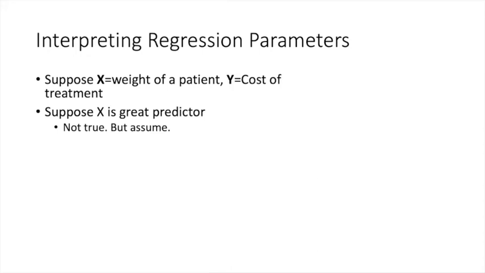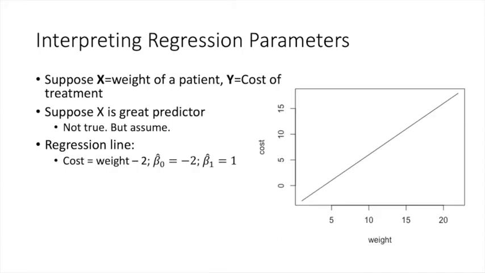Then suppose for a given data set, the regression line turns out to be like this. That is, cost, which is the dependent variable, equals weight minus 2. Here beta naught equals minus 2 and beta 1 equals 1. This looks as shown in the figure.